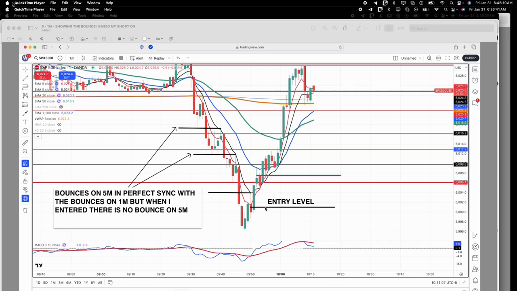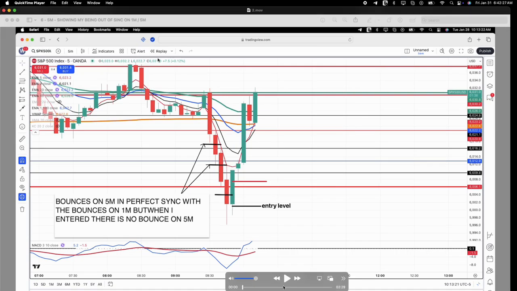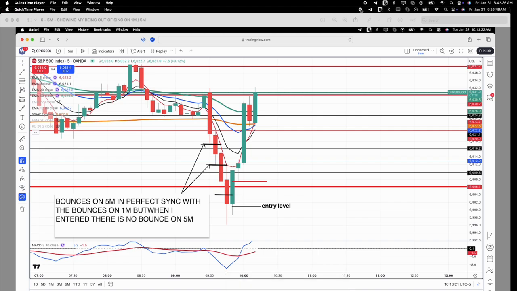I will show 5-minute chart next to see how this plays out on the 5-minute chart. So here I'm showing 5-minute chart of the same trade.